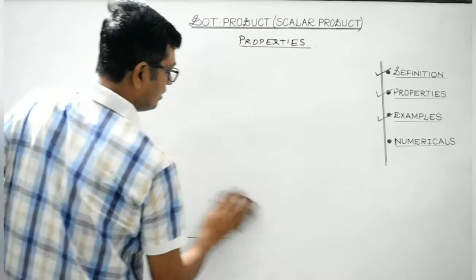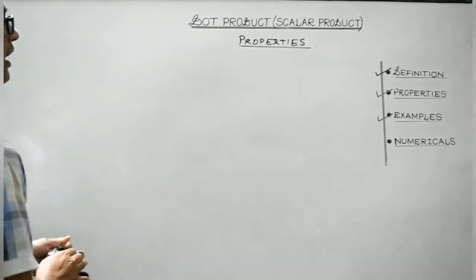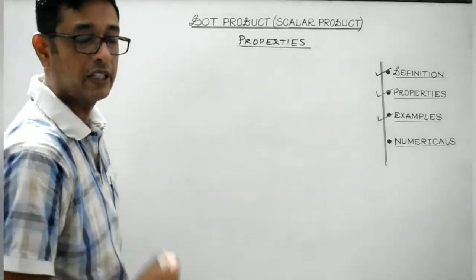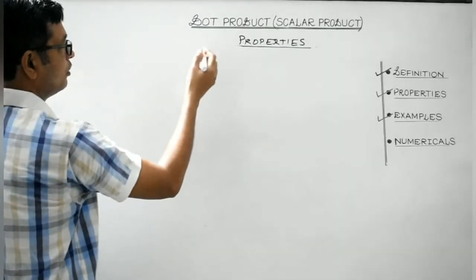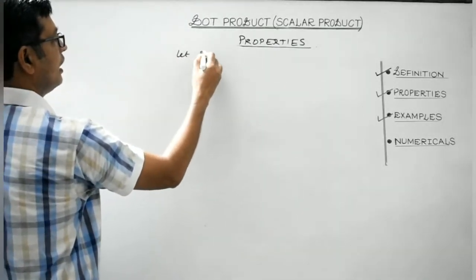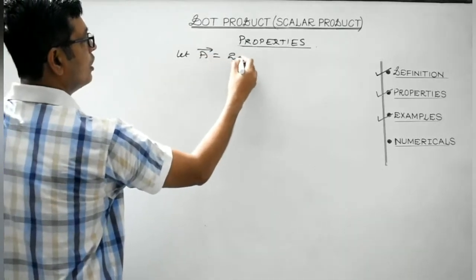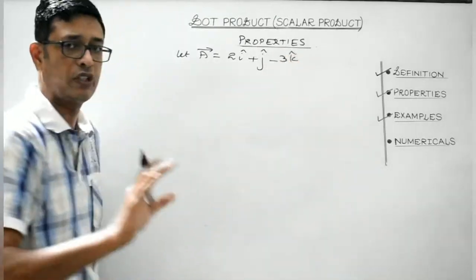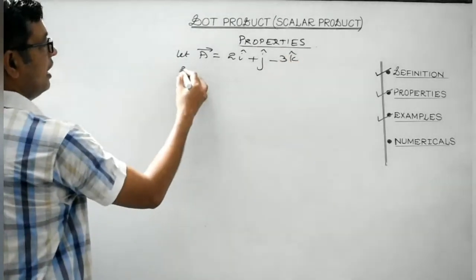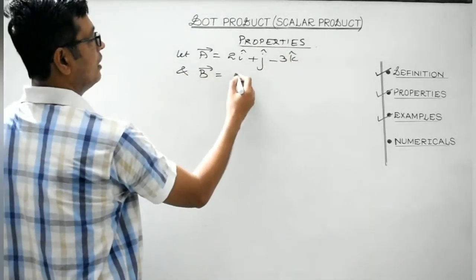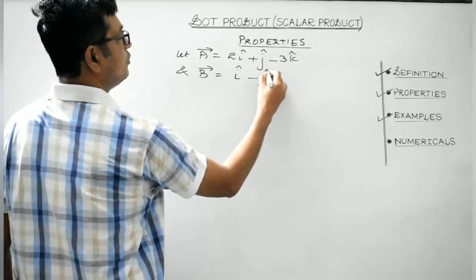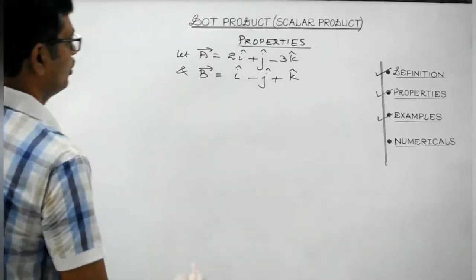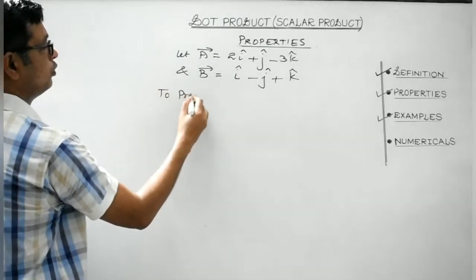Let us consider A dot B. We'll prove that it obeys the commutative law. So let A vector be, suppose, 2i cap plus j cap minus 3k cap. Suppose A vector is represented like this, and B vector is represented by i cap minus j cap plus k cap. Clear, students?